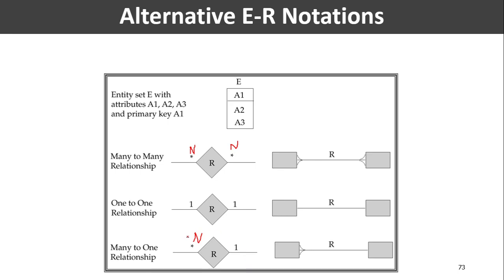Similarly, we may have one to many as well. Towards the right hand side, we have depicted alternative ER notations for mentioning the cardinalities of the relationship. In a few books or literature, these kinds of symbols are also used. This is just for your information.